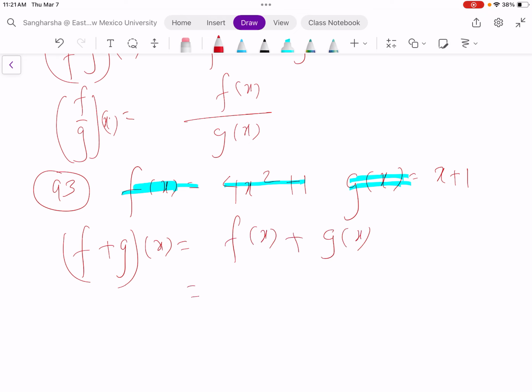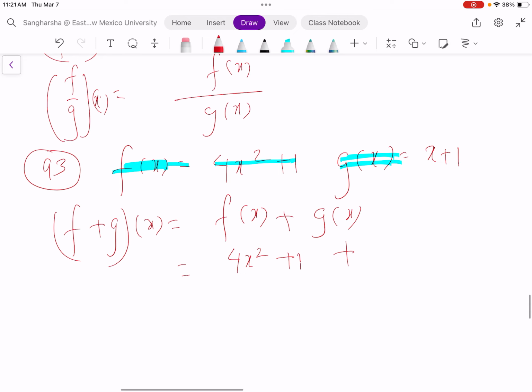You substitute your f of x, which is 4x squared plus 1. We have plus in the middle. And you substitute g of x as x plus 1. You need to simplify. It means you need to look for the like terms. So we have 4x squared, 1 plus 1, 2, and we have x as it is. So this is our final answer.